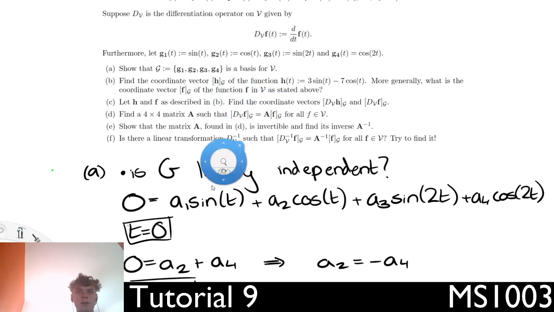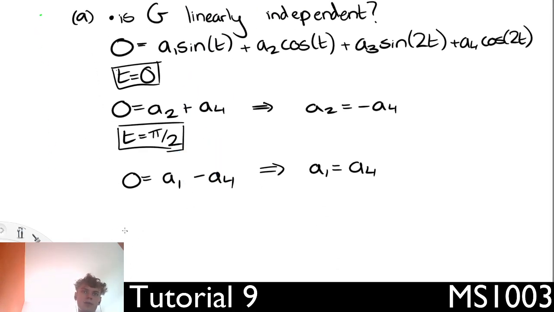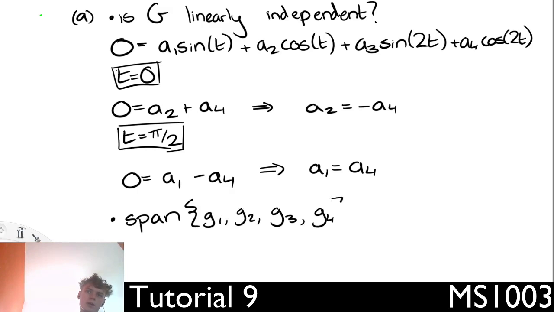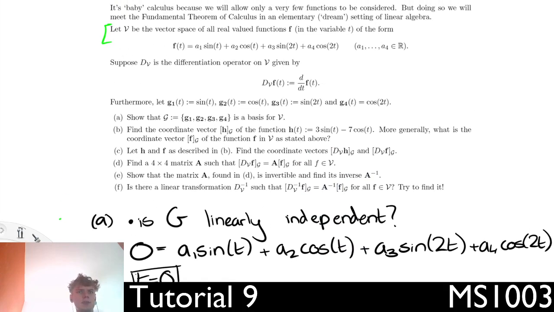And now we need the basis part, basis of V. The second thing you need to check is that the span of G, or I guess g1, g2, g3, and g4, is equal to V, which is kind of trivial.